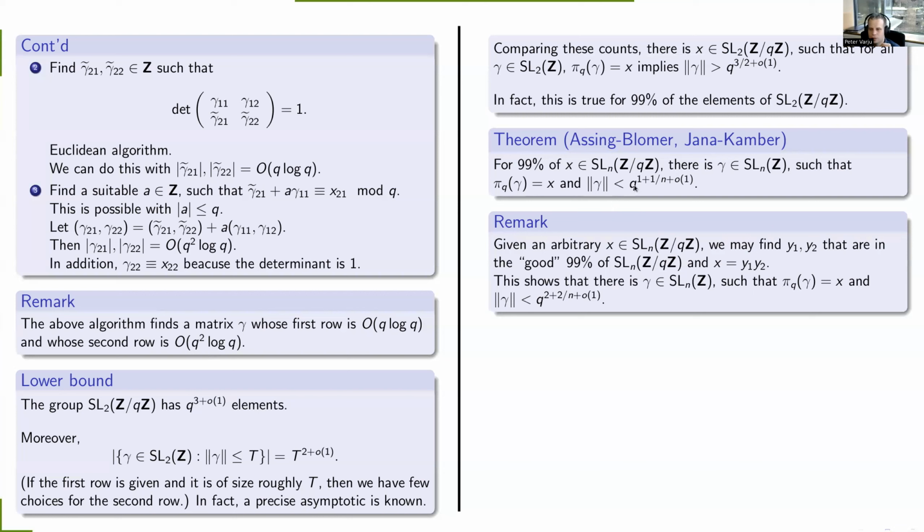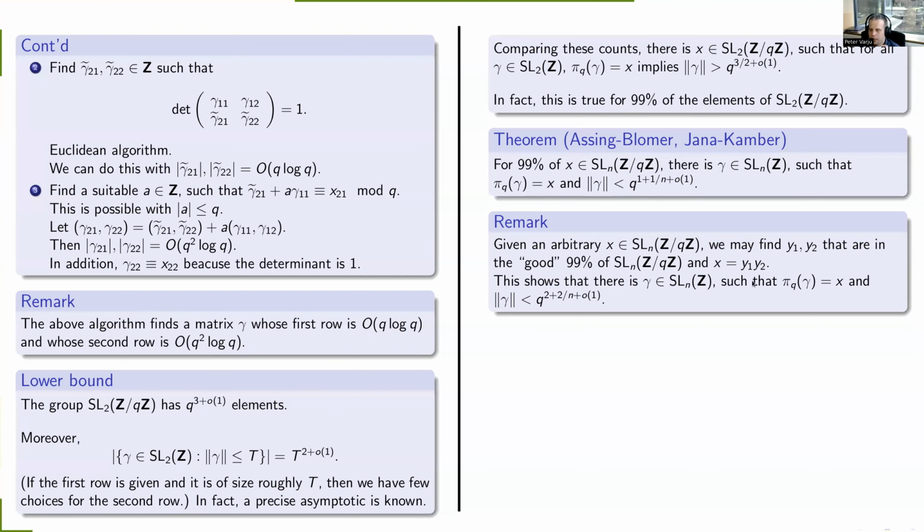Now, if you think a bit about this, then if you take an arbitrary element x of SLN(Z mod QZ), then you can write it as a product y1 times y2, such that y1 and y2 are in the good 99% of SLN(Z mod QZ). So they are elements which are easier to lift, namely that you can find a lift with entries of size q to the 1 plus 1 over n.